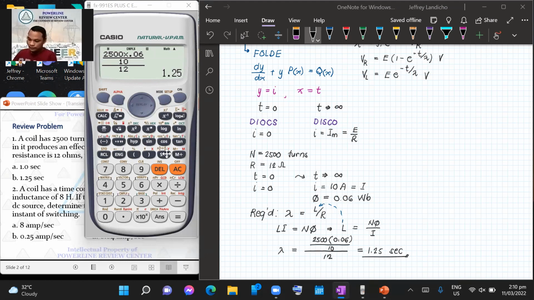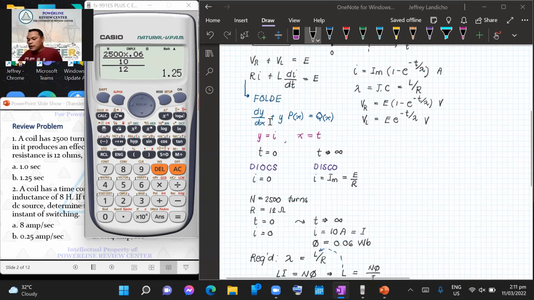Okay, any question regarding problem number 1? This formula for the time constant lambda is derived when you solve this differential equation.